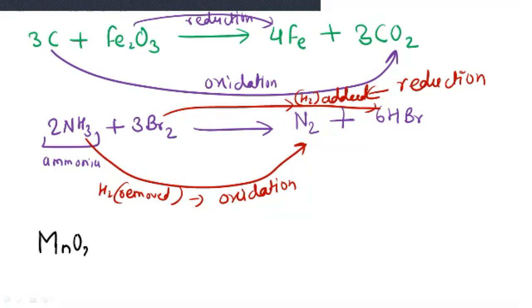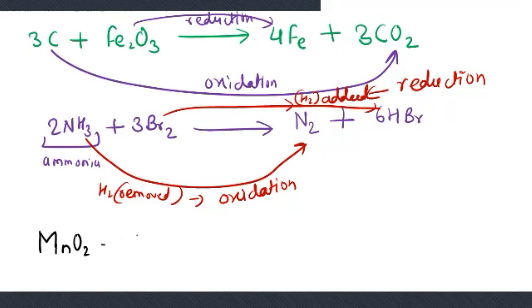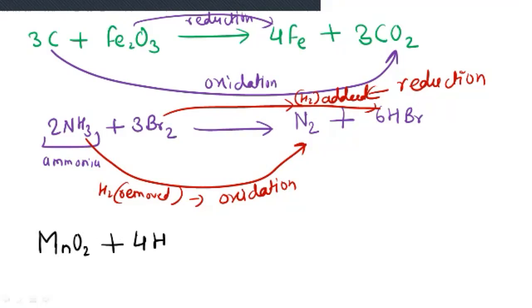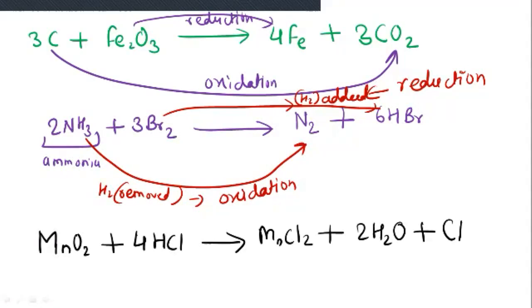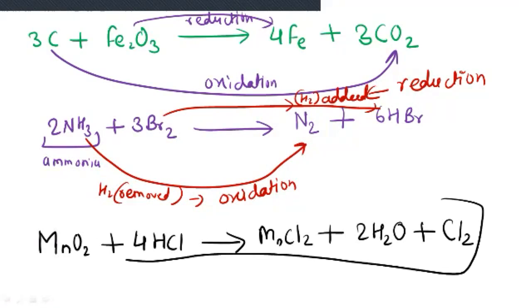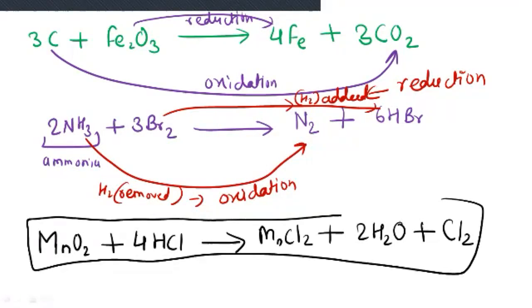MnO2, manganese oxide, plus it reacts with hydrochloric acid, that is HCl, hydrogen chloride, and it forms manganese chloride, Cl2, plus water, and chlorine separated. You can do this on your own, and you can share the answers later after the class with me on the WhatsApp group or in personal chat. So you can do this as your homework, how it is both an oxidation and a reduction process.